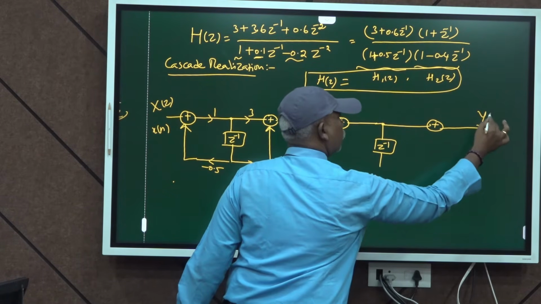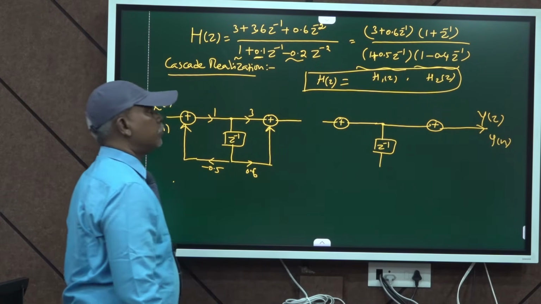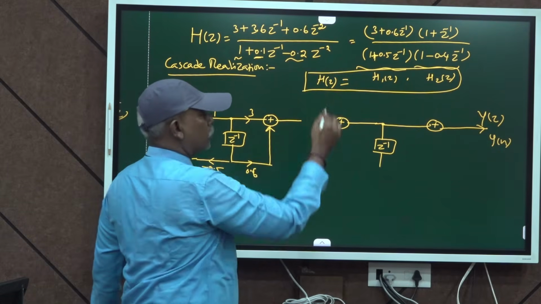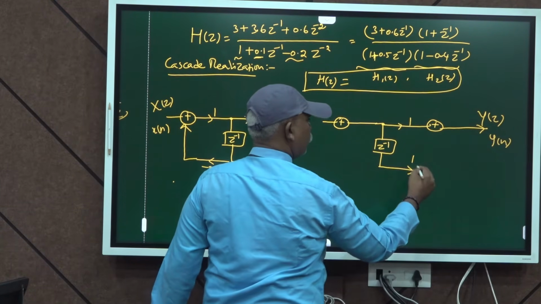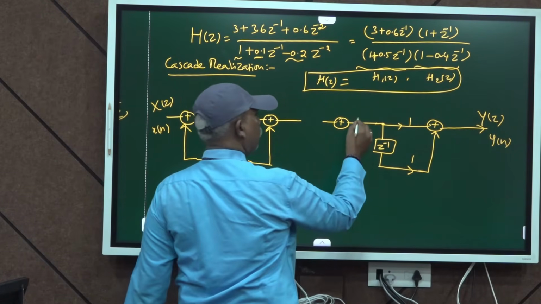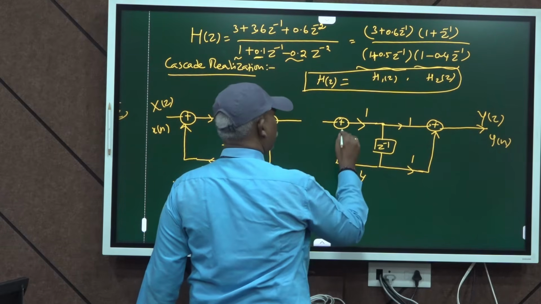The output is y of z, which in time domain is y of n. The numerator is 1 plus z inverse, so you put 1 and 1 with z inverse. In the denominator you see 1, and the feedback minus 0.4 means it is plus 0.4.